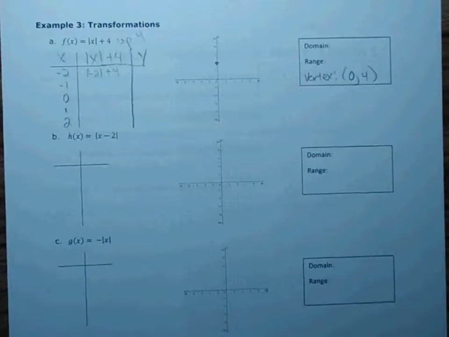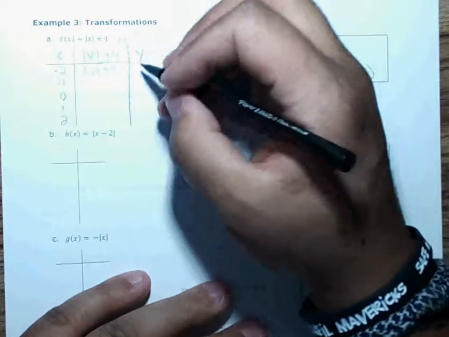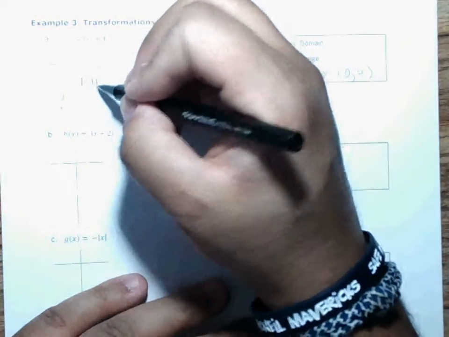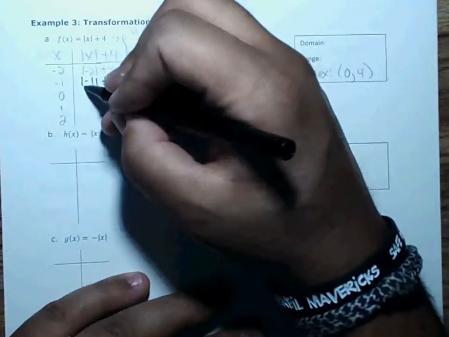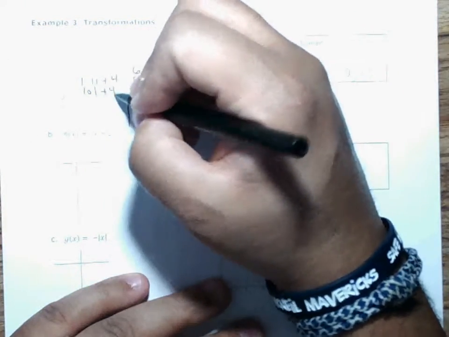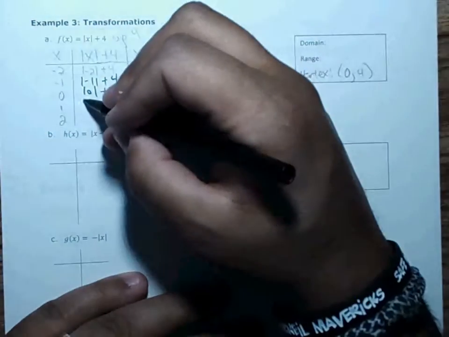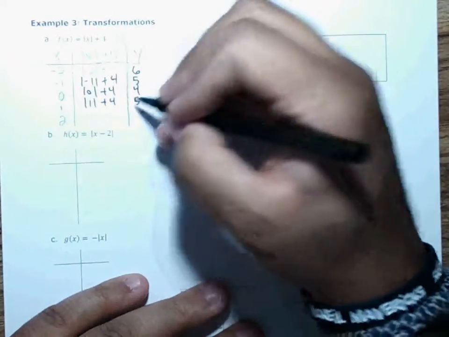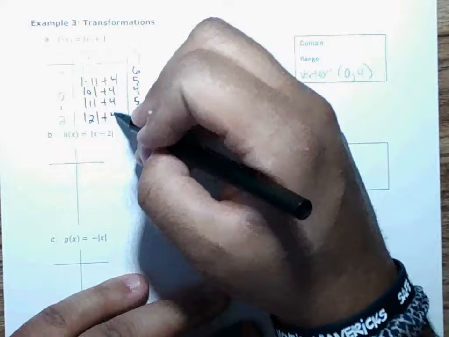So absolute value of -2 is 2, plus 4 is 6. Absolute value of -1 is 1, plus 4 is 5. Absolute value of 0 plus 4 is 4. Absolute value of 1 is 1, plus 4 is 5. And absolute value of 2 is 2, plus 4 is 6.